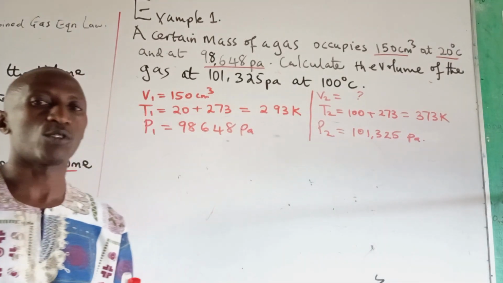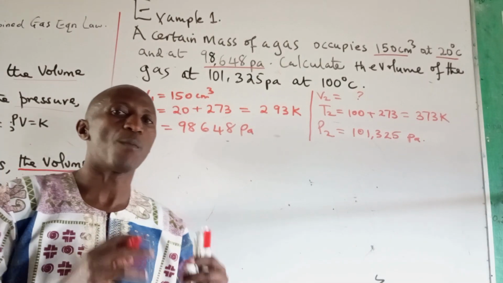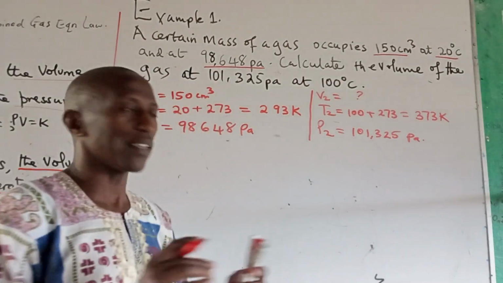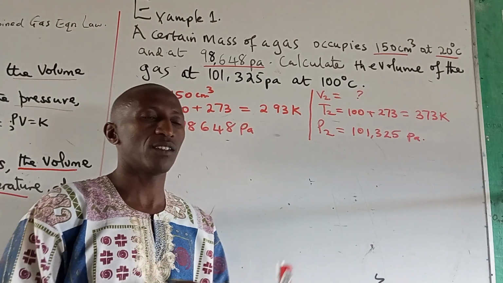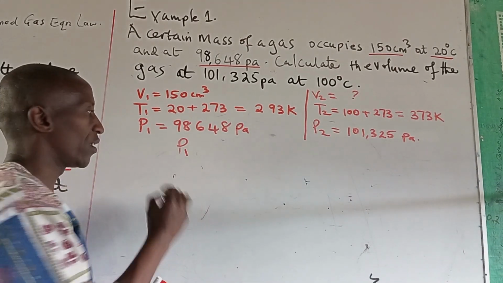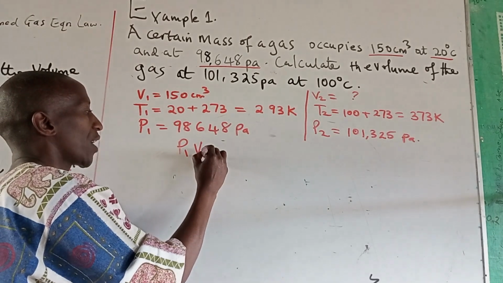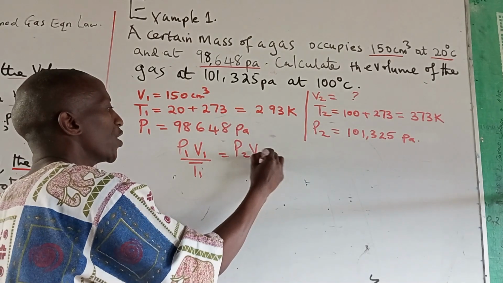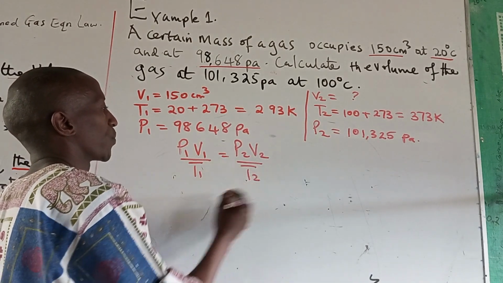In the combined gas equation, we have the conditions of Boyle's and Charles' law being used. So the first thing, to earn full marks in this question, we write the equation. P1 times V1 over T1 is equal to P2 V2 all over T2.